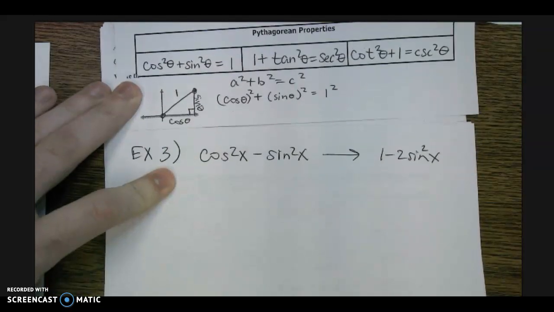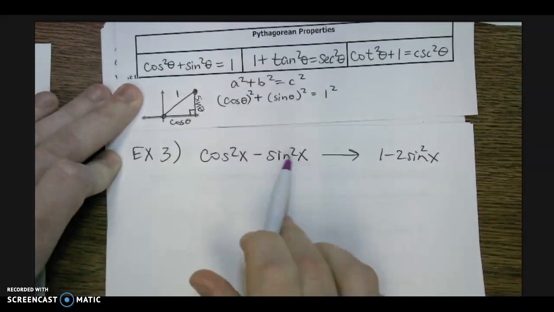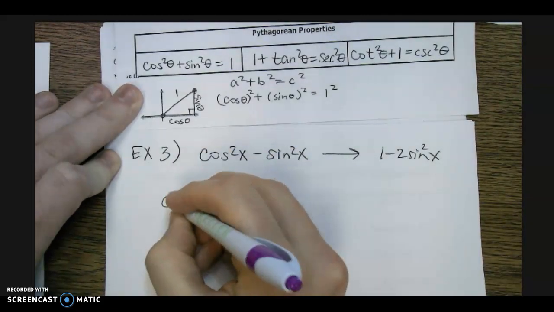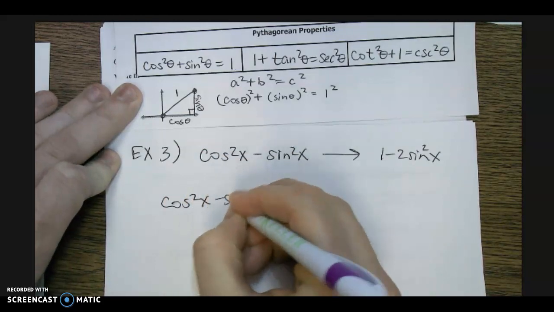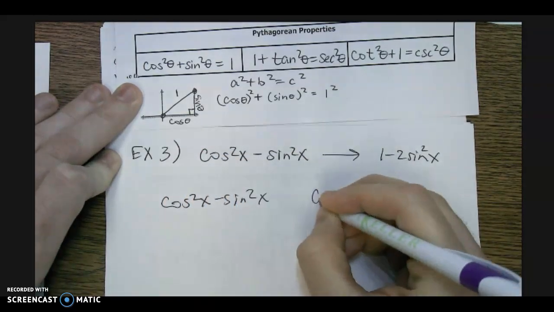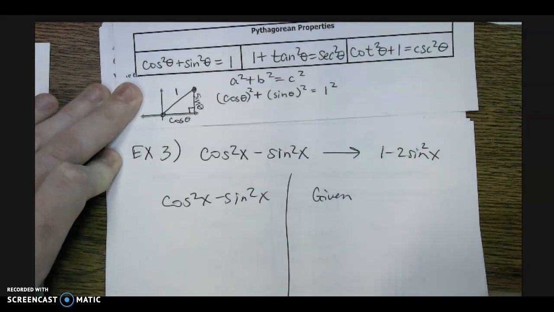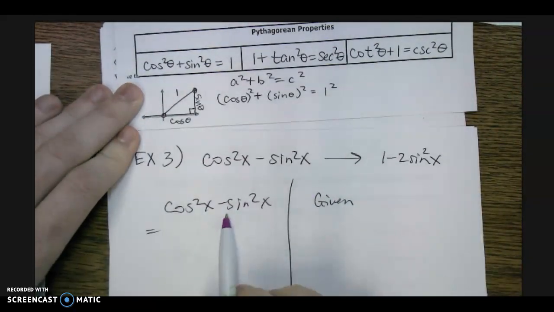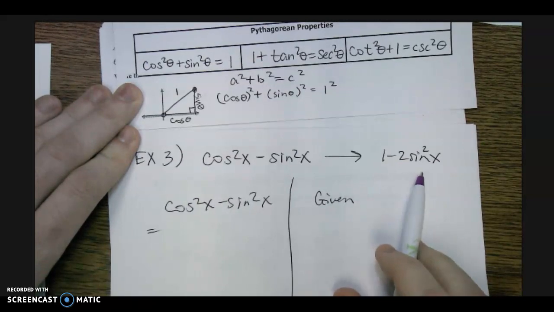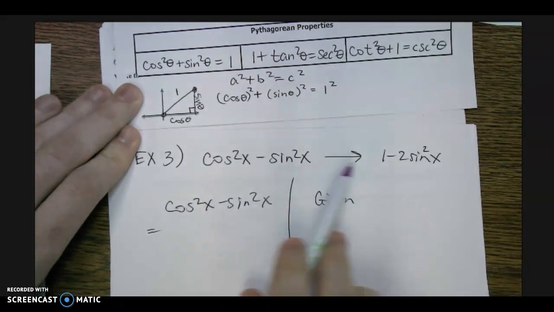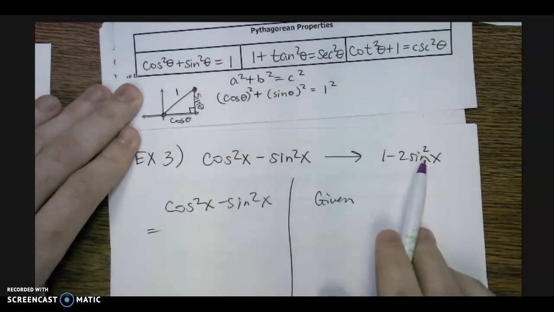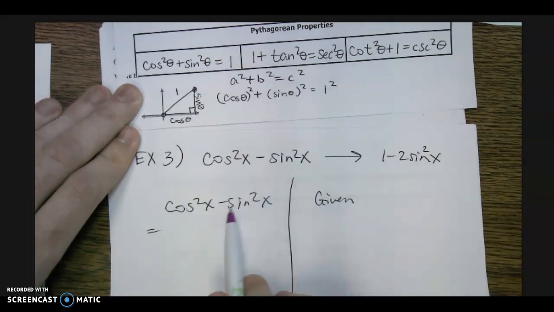Let's look at example 3. In example 3, we've got cosine squared minus sine squared, and they want us to transform it into 1 minus 2 sine squared. So we're going to start with our given. Then from there, we're going to figure out what to do to get there. So I see that cosine goes away, becomes a 1 somehow. And I see sine squared, there's now going to be 2 of them, and I only have 1 right now.